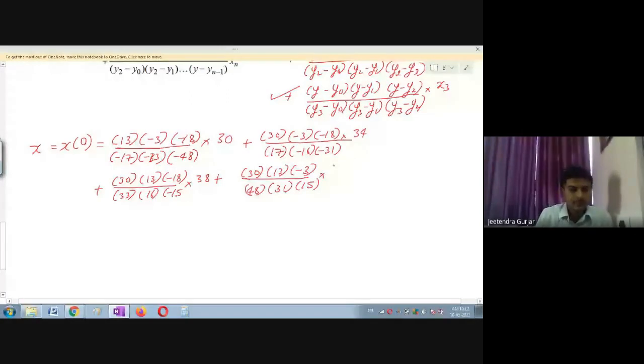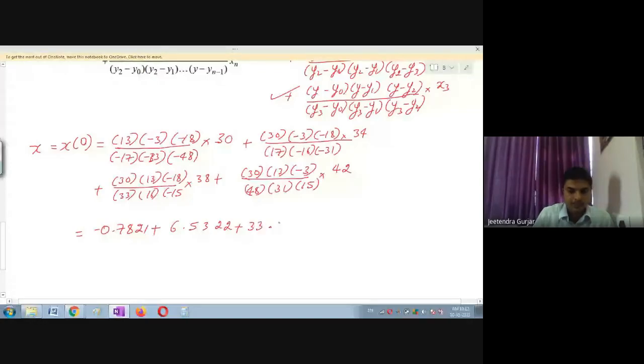Please tell me what is the answer. If you simplify this, you should get it like this: minus 0.7821. One by one you simplify. First you calculate this value. Then this part you simplify, you will get 6.5322, plus. Then you simplify this part, so you will get this value 33.6818.